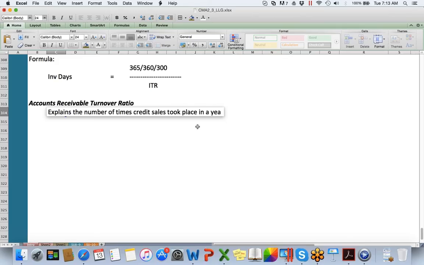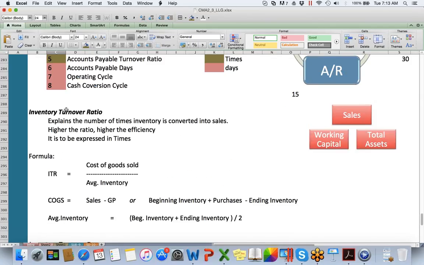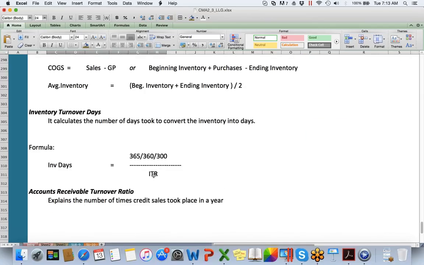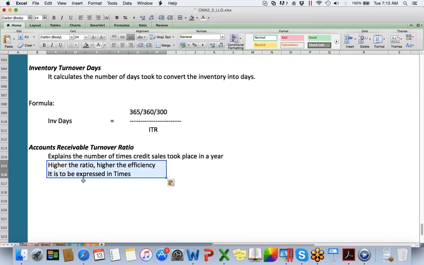Remember, credit sales, not total sales. Higher the ratio is always good, and it should also be expressed in times. Higher the ratio, higher the efficiency. Means your collection department is stronger.